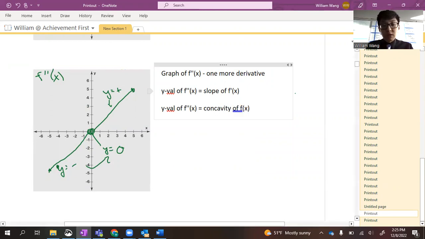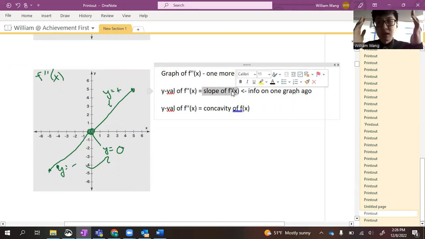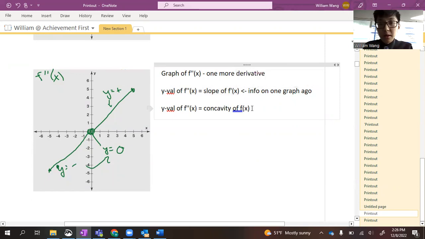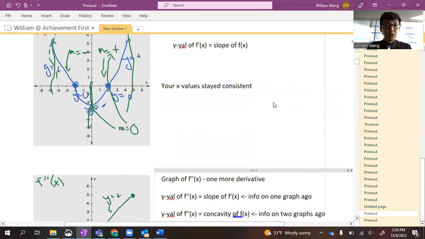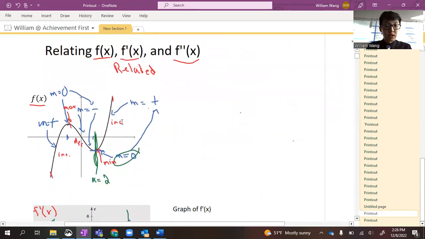So it gives me info on one graph ago. Obviously, the y value of f double prime of x gives me the slope of f prime of x. That's a very clear relationship that I've talked about a lot at this point. But the reason we look at two derivatives is because it's useful in and of itself in giving me information on two graphs ago.